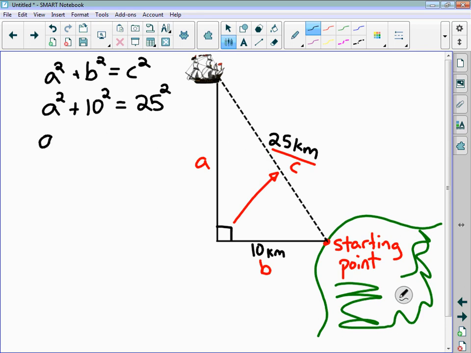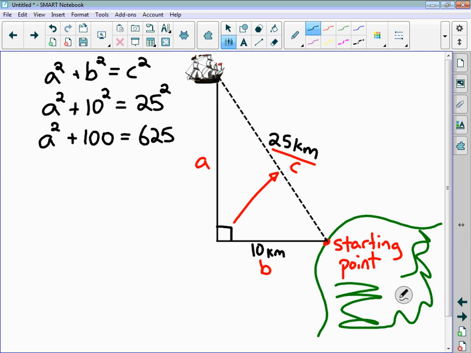So we can now write a squared plus 100 is equal to 25 squared. And 25 squared is equal to 625. So we know that something plus 100 is equal to 625.